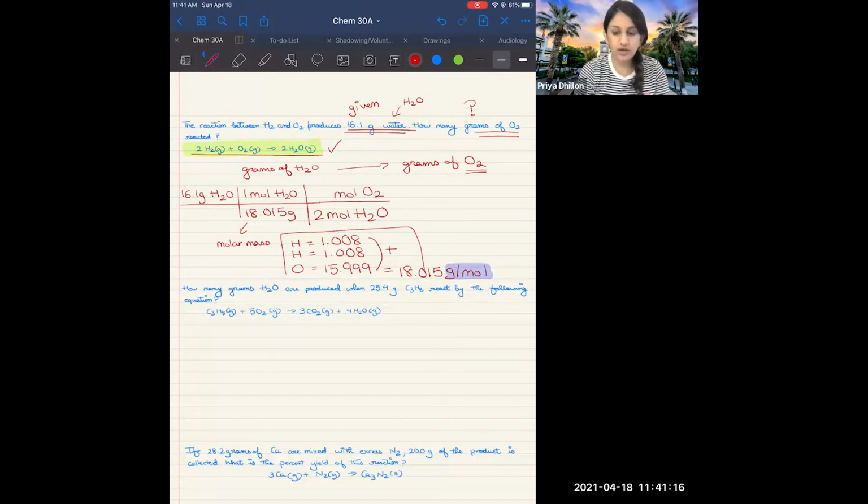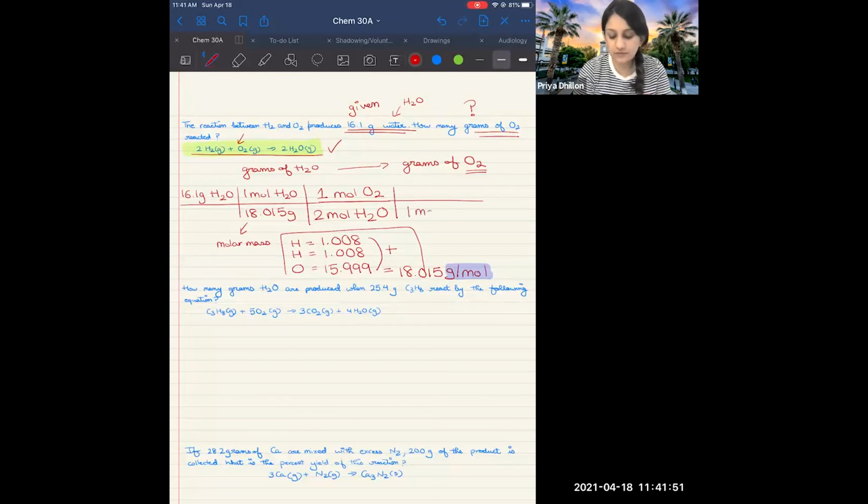And then for O2, how many moles are there? One. Yeah, there's nothing in front of the O2, so it's just 1. And now they want the answer in grams of O2, right?